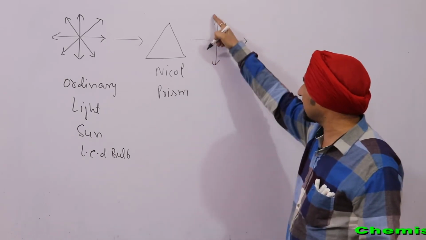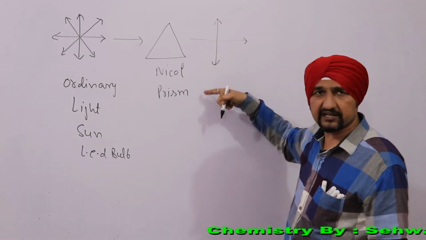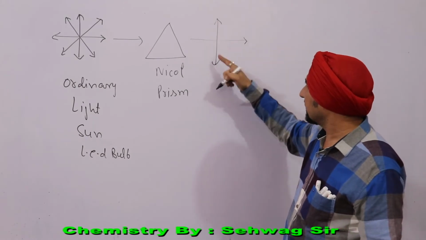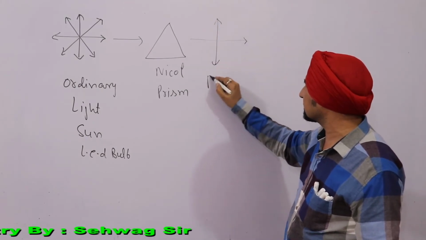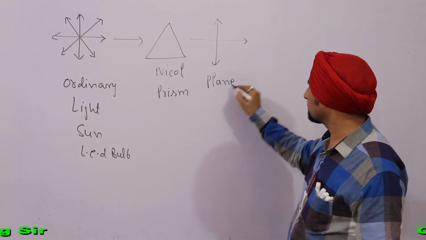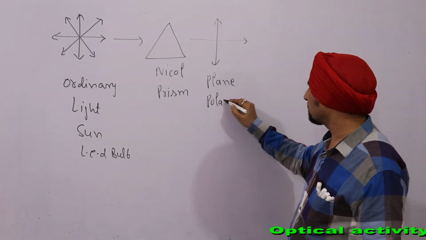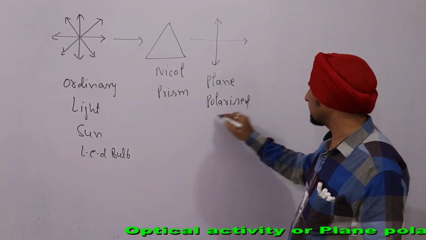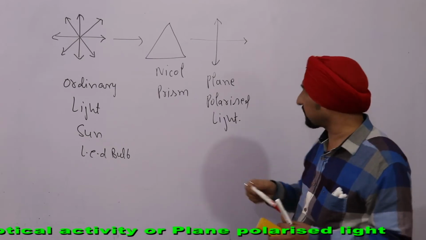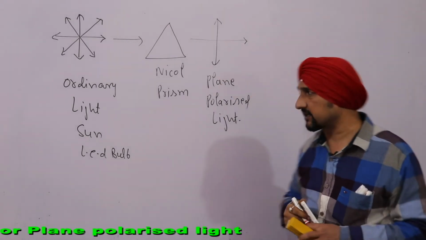Now the photons are vibrating only in this perpendicular direction, and this light is plane polarized light, because the photons are vibrating only in a single direction.